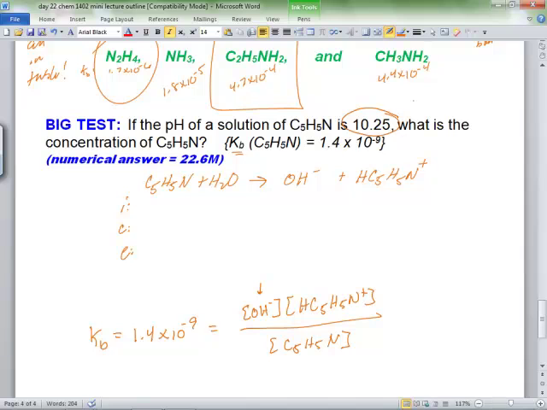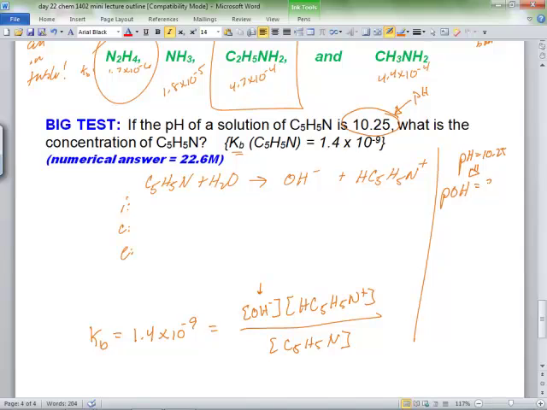Because if they tell you this is pH, you know what POH is, right? pH is 10.25, so POH has to be what? It's 14 minus 10.25.